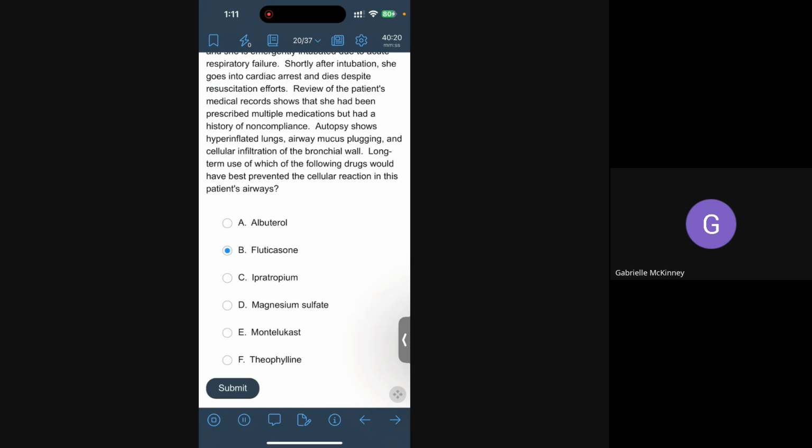Albuterol is only for symptomatic relief, short acting. Ipratropium is used in COPD. Theophylline is no longer used. Magnesium sulfate is rarely used, only in emergency conditions. So the only option we are left with is fluticasone.